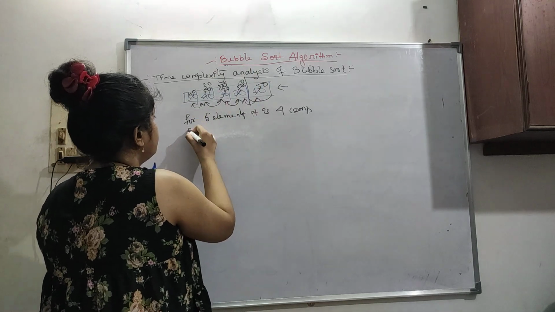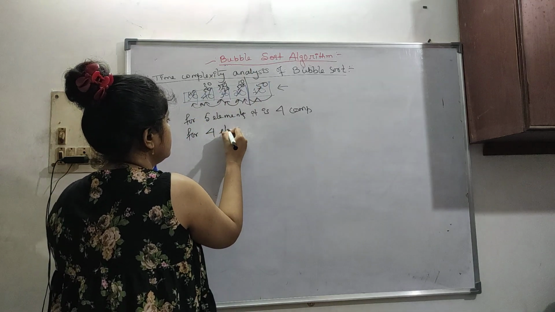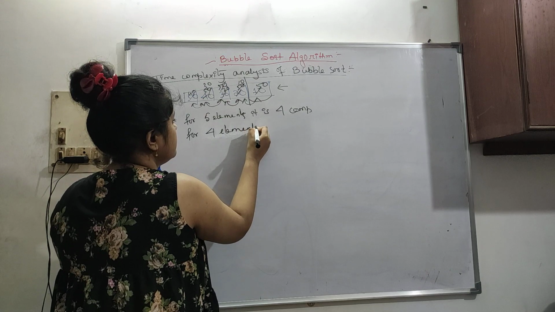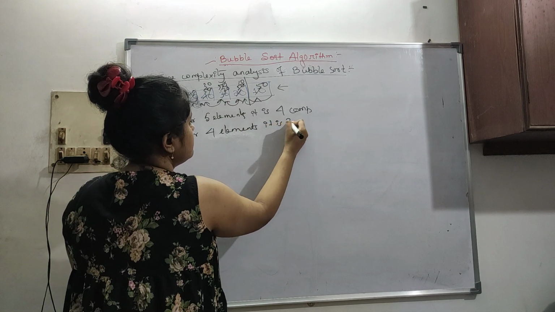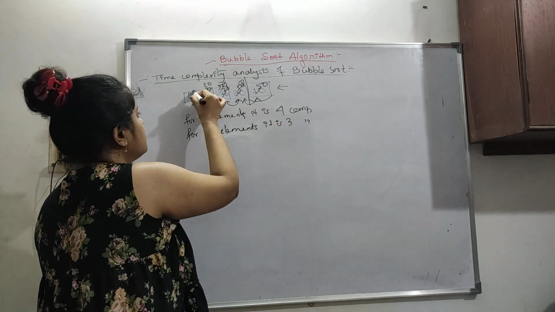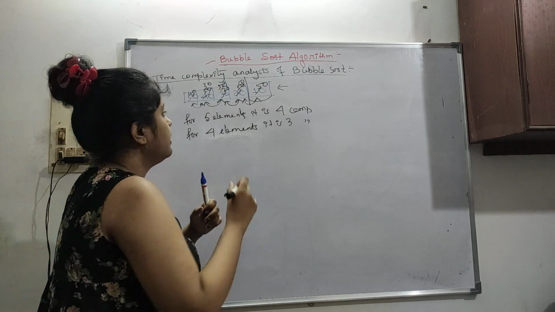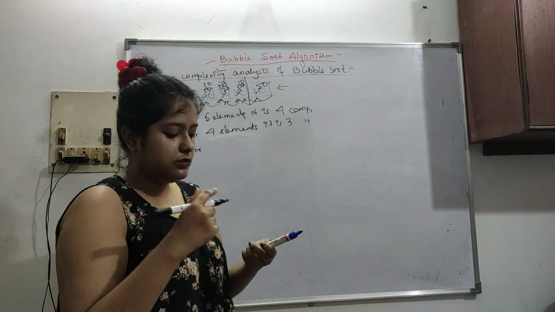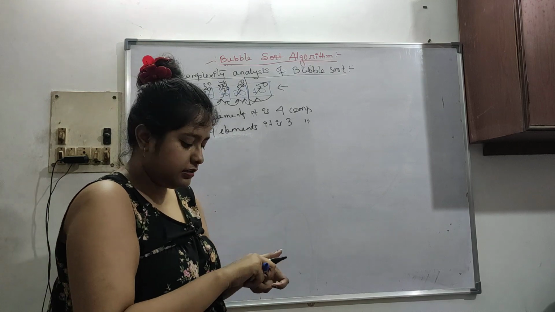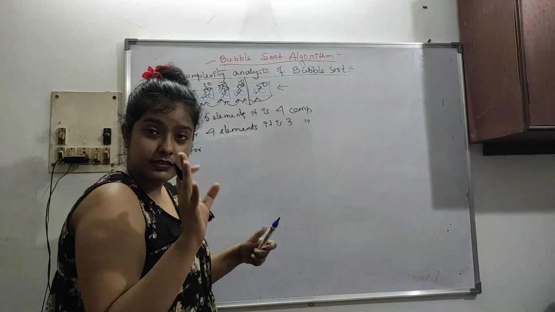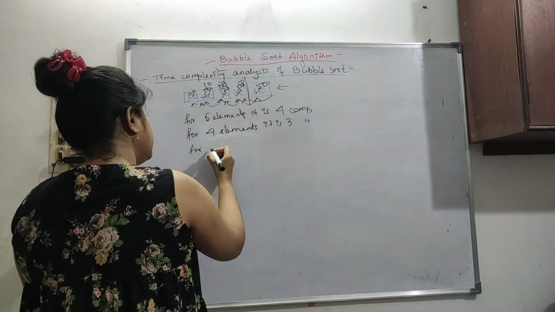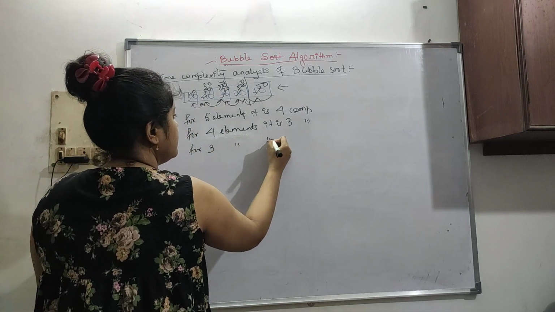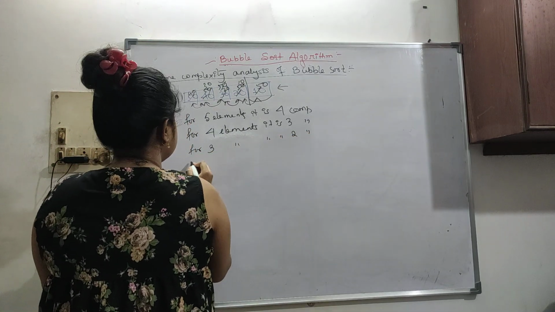So now for 4 elements, it is taking 3 comparisons. We compare 40 and 30 again, like this. Bubble sort is done in iterative order, sorry, recursive manner. So for 3 elements, it is taking 2 comparisons.